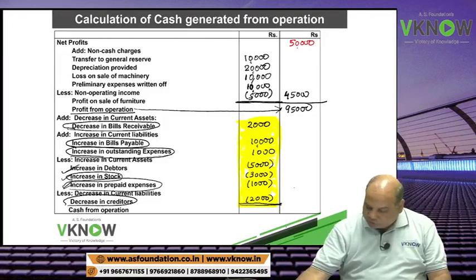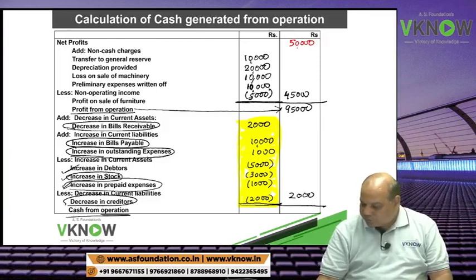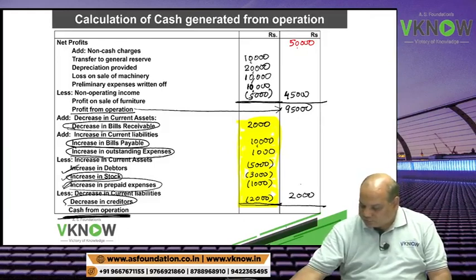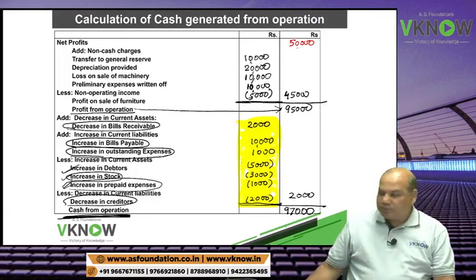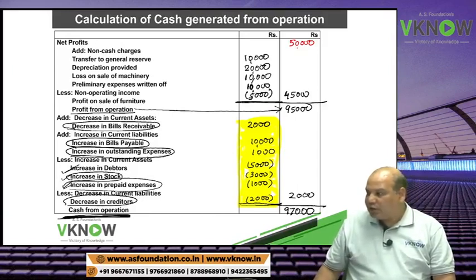So the answer is 2000 rupees positive. Therefore, cash flow from operation is 97,000.